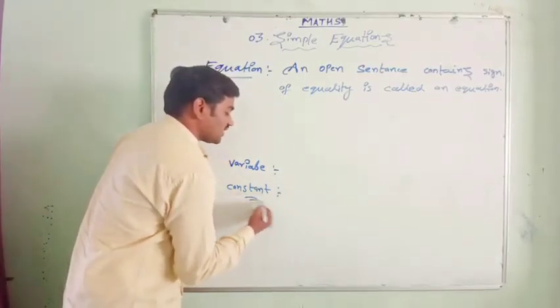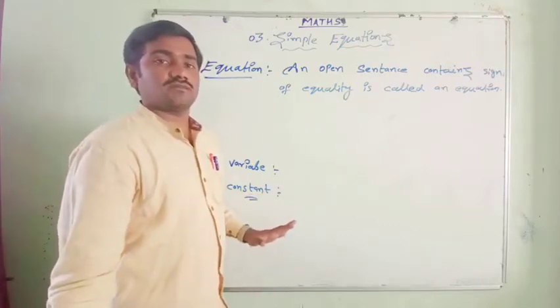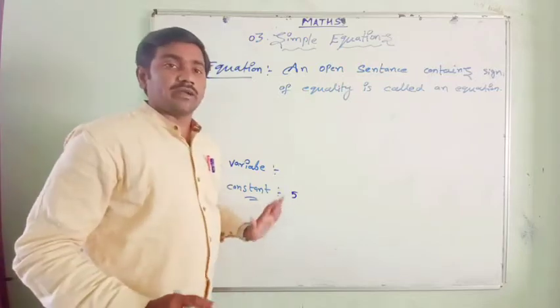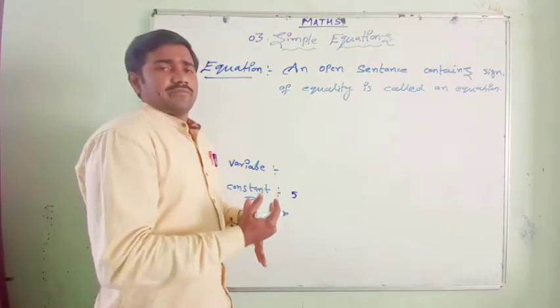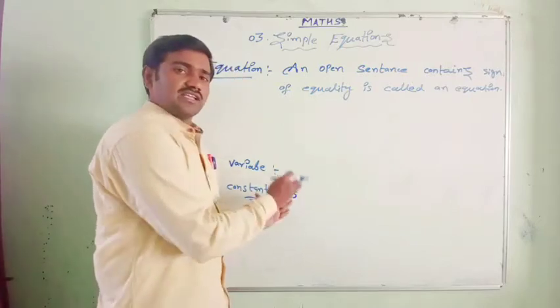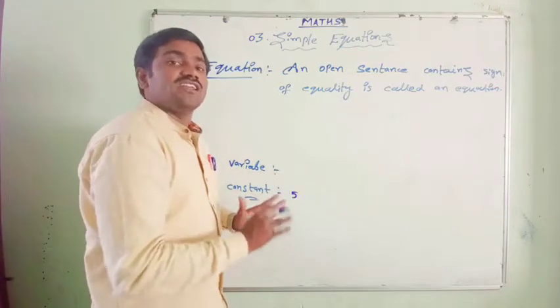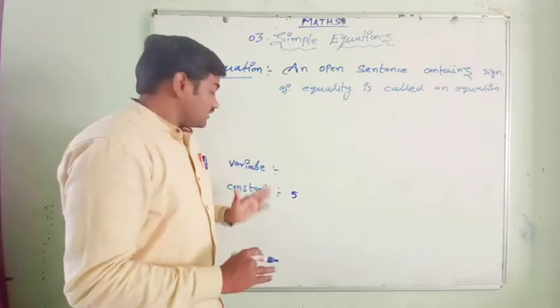For example, numbers do not change. Suppose 5 is a constant number, it does not change. The value of 5 will be the same everywhere. Here in India we read this number as 5. Wherever in the world we go, we read this as 5 only. This is a constant which does not change.